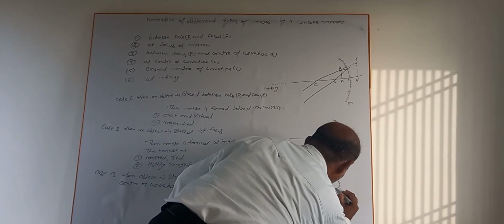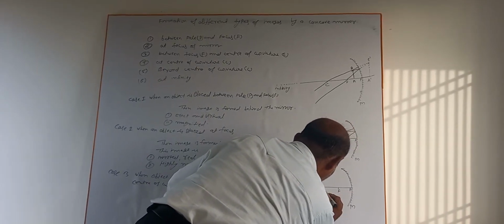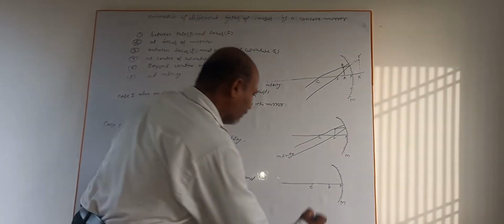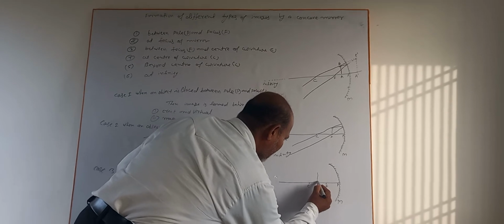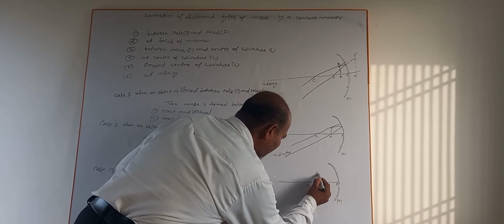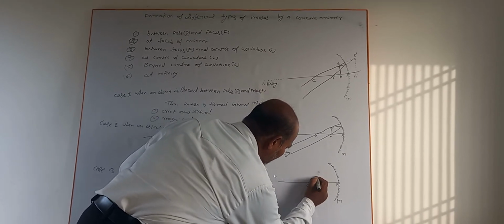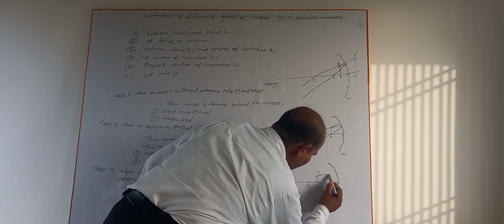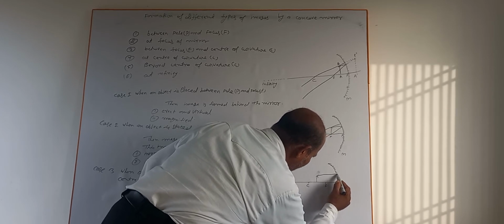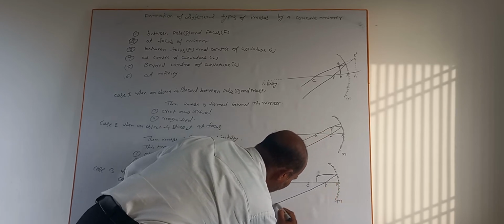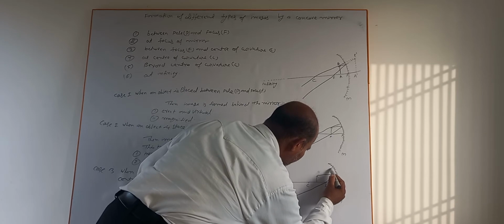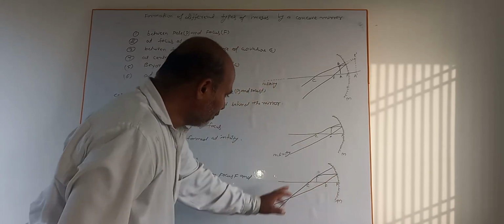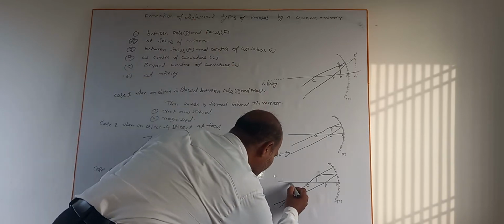P is its pole, F is its focus, C is its center of curvature, and we place an object between focus and center of curvature. In this case, the image is formed beyond the center of curvature.